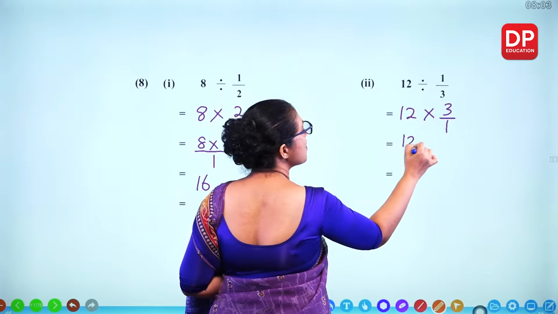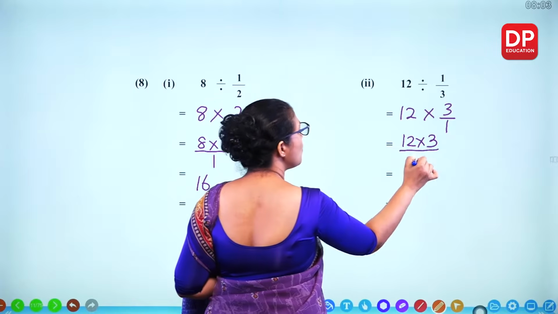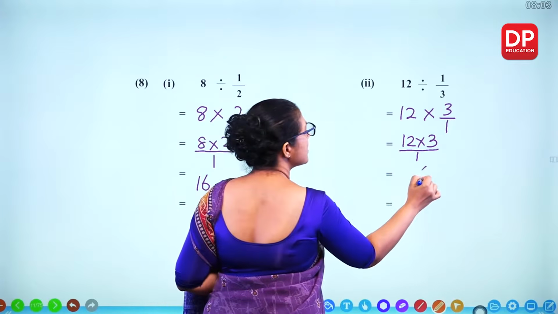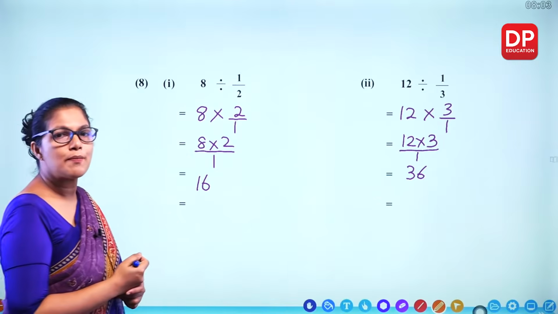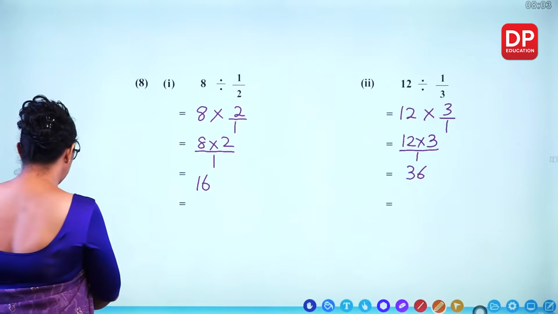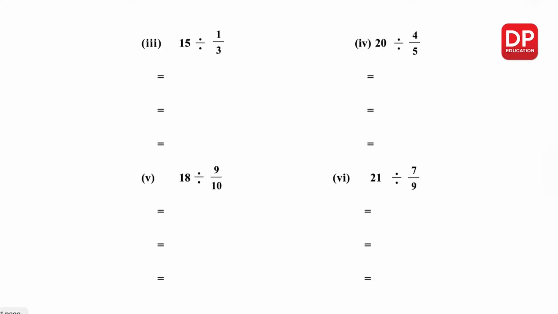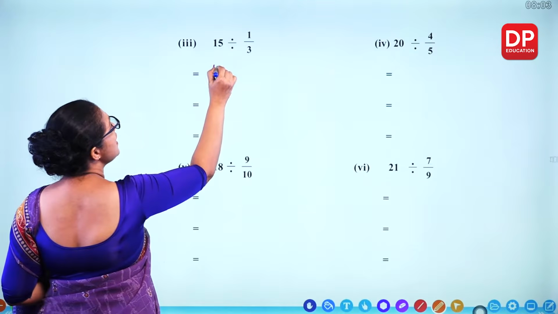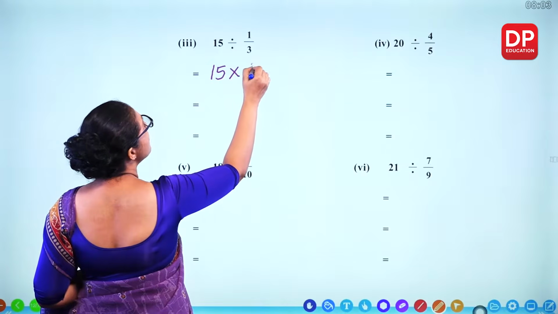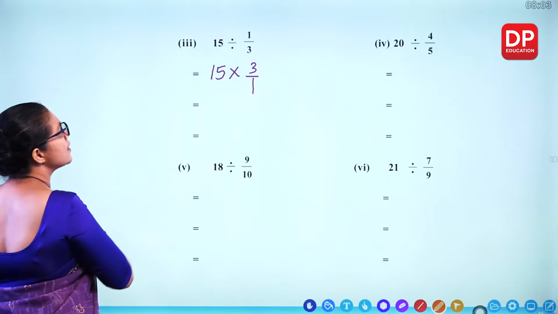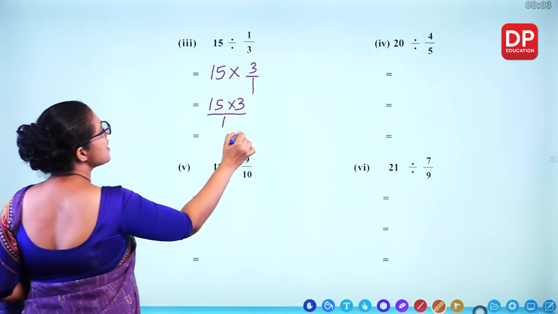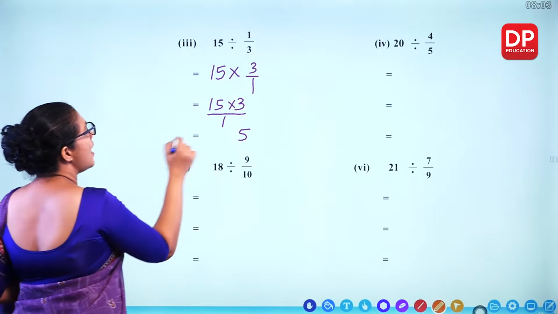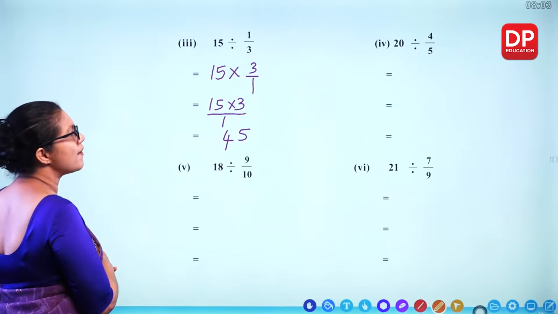So 12 times 3 over 1. So you get 36. 15 divided by 1/3. 15 multiplied by the reciprocal of 1/3. Then 15 times 3 over 1. 3 times 5, 15, and you get 4. So 45 is the answer.